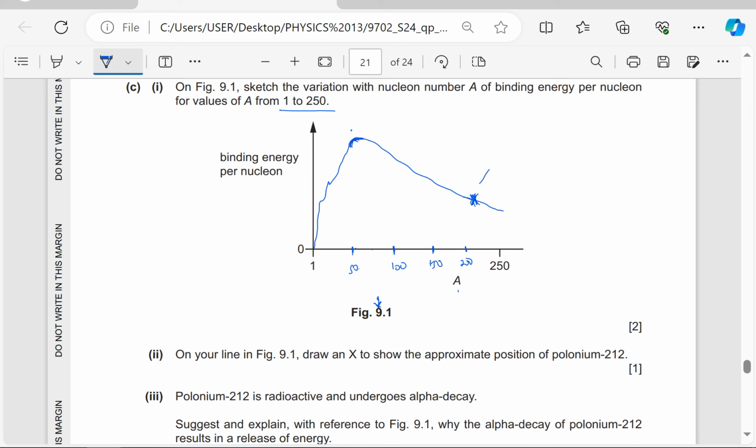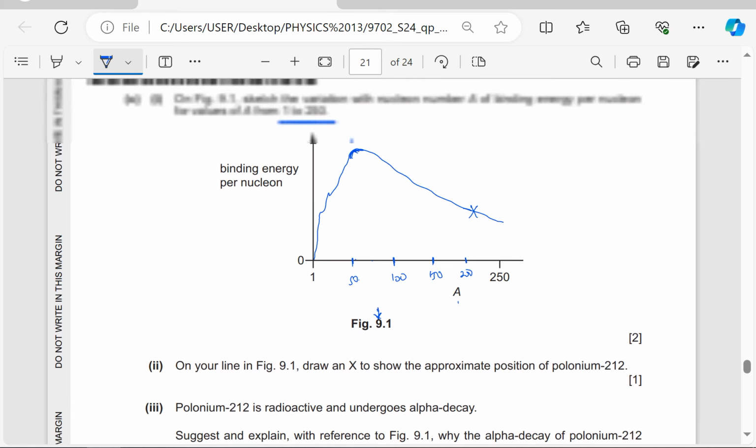So I'll label this X. Let me rectify this. So the X is around here. Okay, so I've finished sketching this.